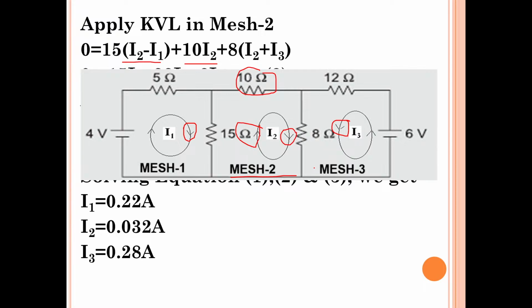Both I2 current and I3 current are downward, which means both are in the same direction. So 8 into I2 plus I3.